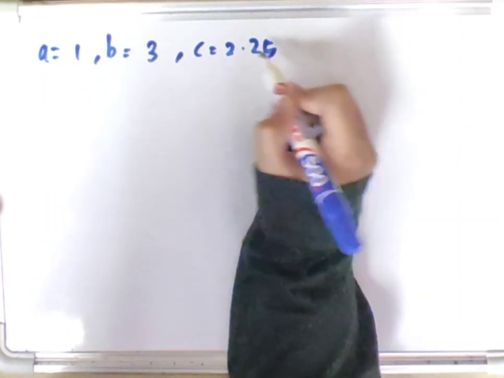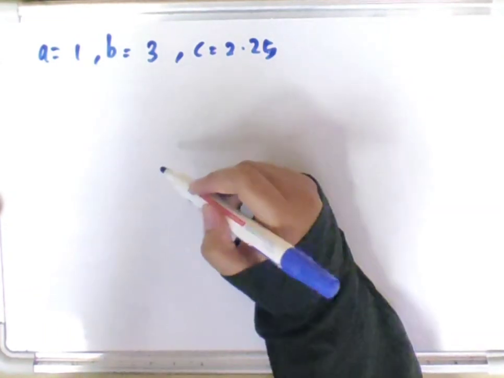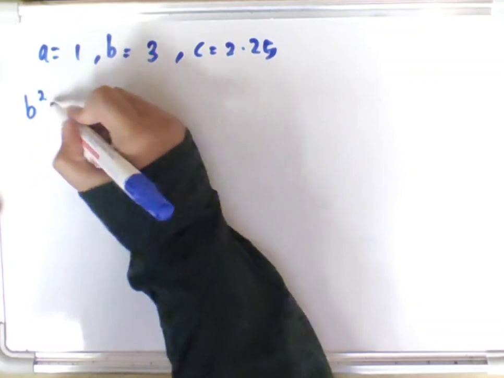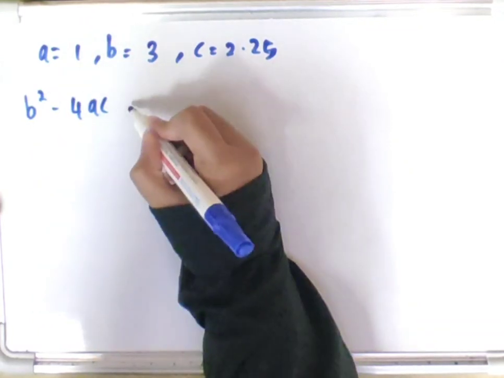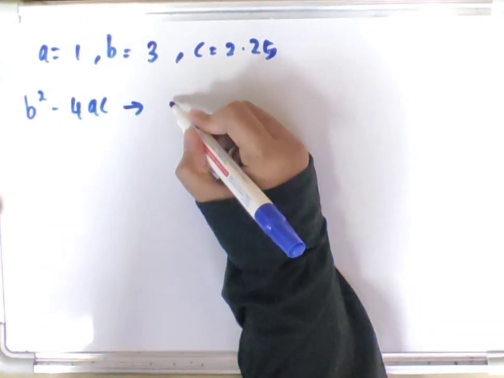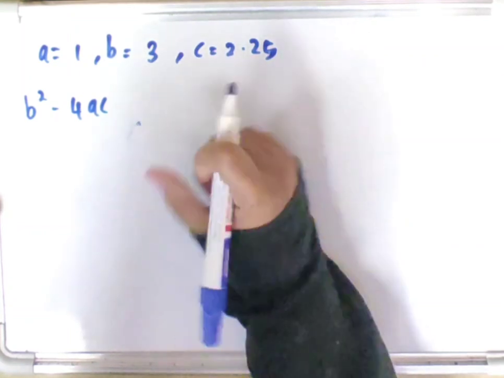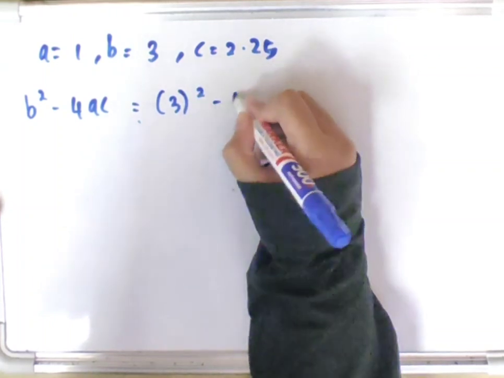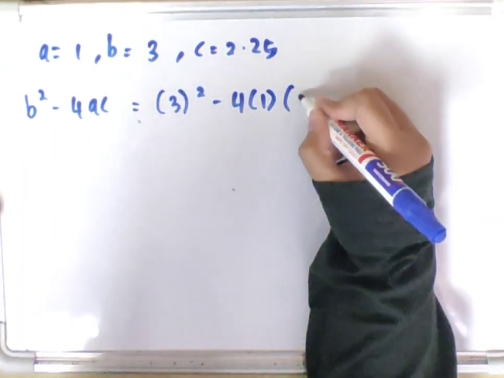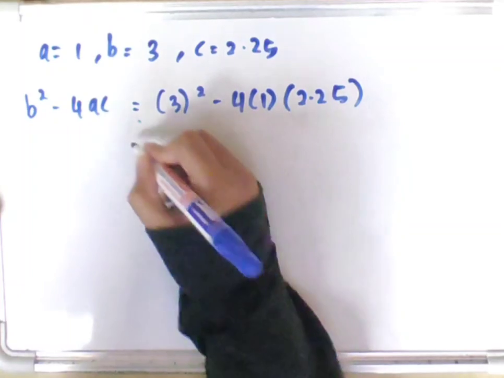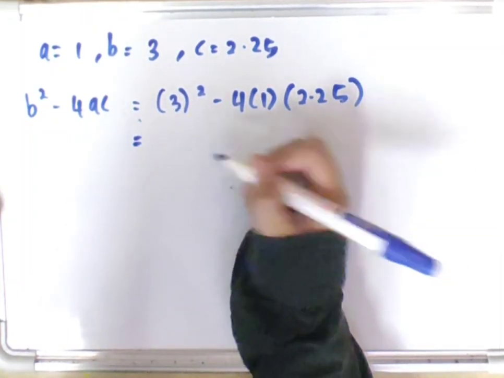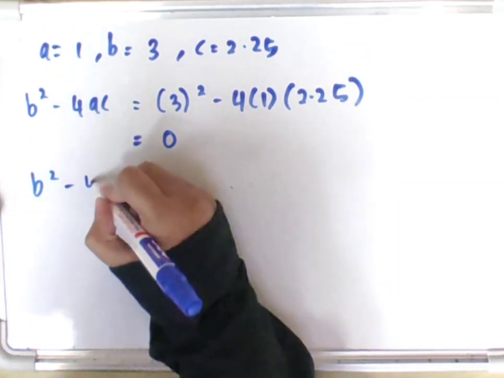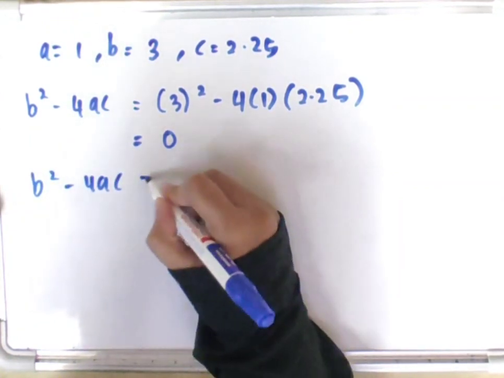So we substitute a, b, c into the discriminant, which is b squared minus 4ac. It's equal to 3 squared minus 4 times 1 times 2.25, which gives 0.